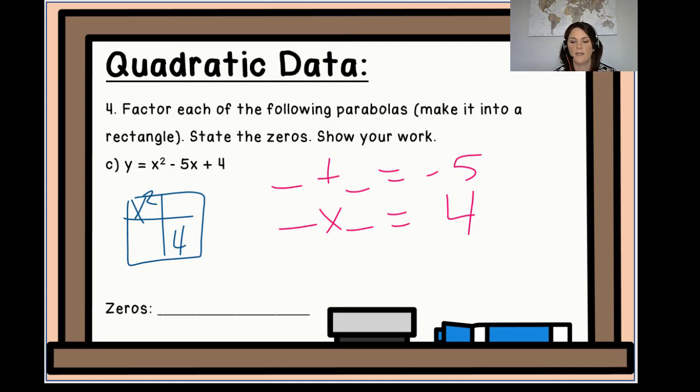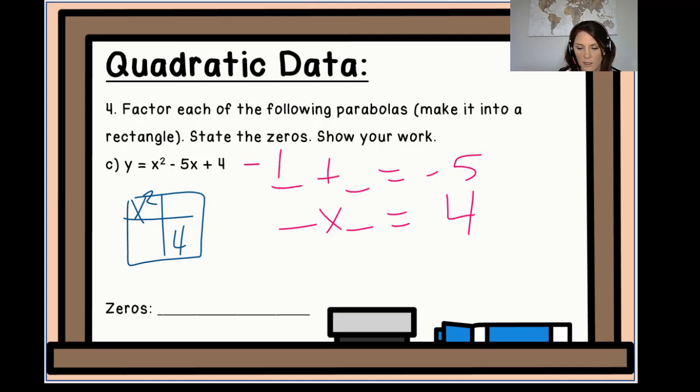Okay, so if we look at our factors of 4, 1 and 4 multiply to give 4, but 1 plus 4 gives us +5, but I need -5. So if I look at -1 times -4, I get +4, and -1 plus -4 will give me the -5.